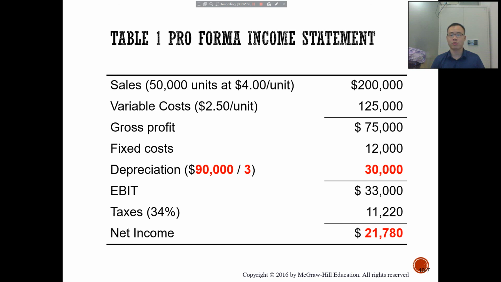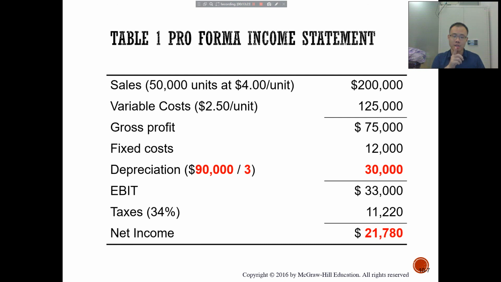So you have $200,000 income, revenue. And the variable cost is $2.5 per unit, and you have sold 50,000 units. So the total variable cost is $125,000. And the gross profit is $75,000. Fixed costs are $12,000.